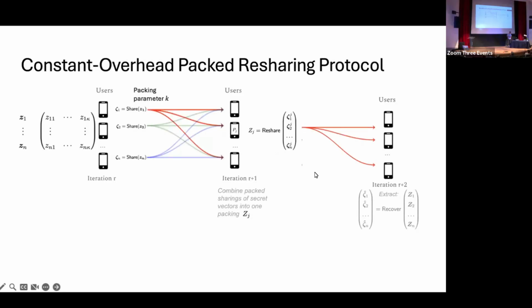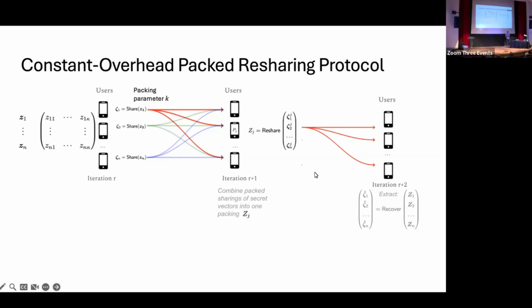So let me explain the packed resharing protocol a little bit. In iteration R, we have a set of users with their noise and gradients. They'll use packed secret sharing to secret share a vector of these values to the parties in the next iteration.